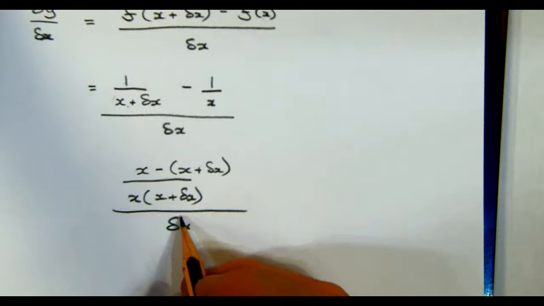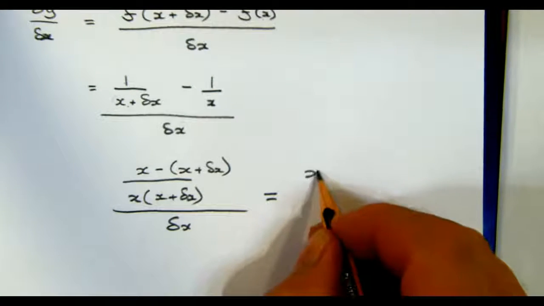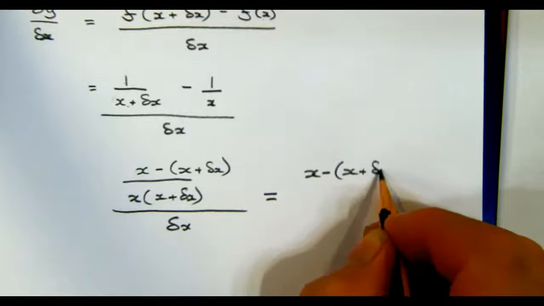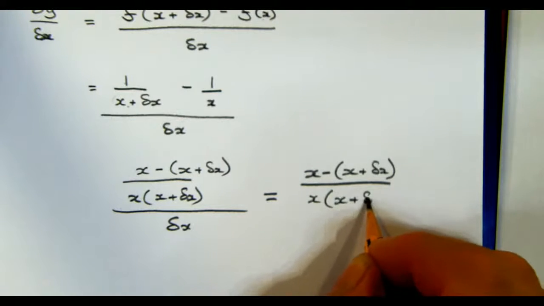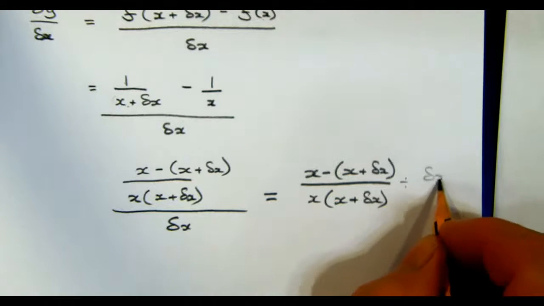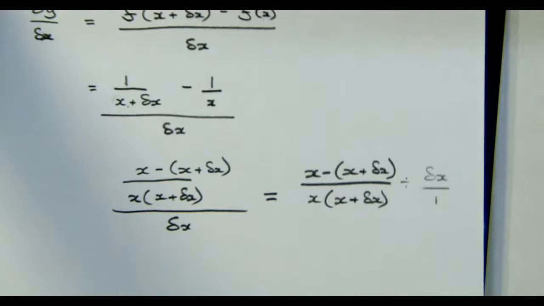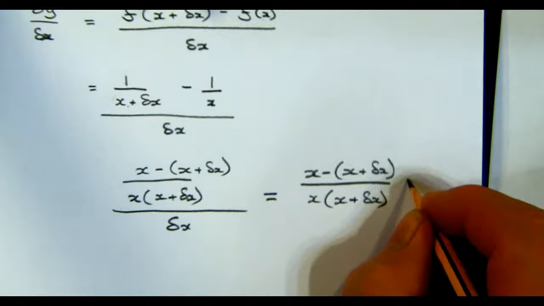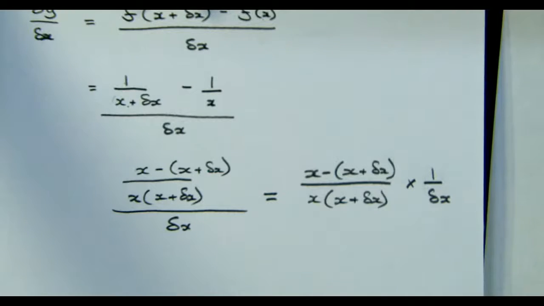So if I'm dividing by that, I could write that one out as x minus x plus delta x over x times x plus delta x, divided by delta x over 1, and if I'm changing that to be multiply, then I'm going to multiply by 1 over delta x.